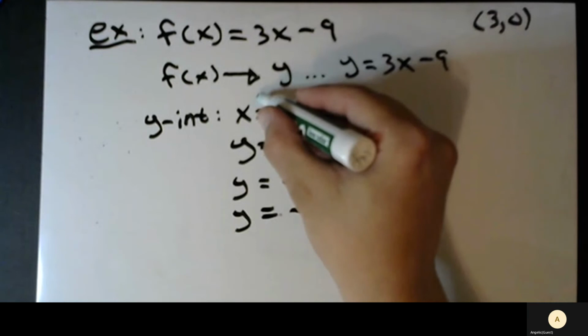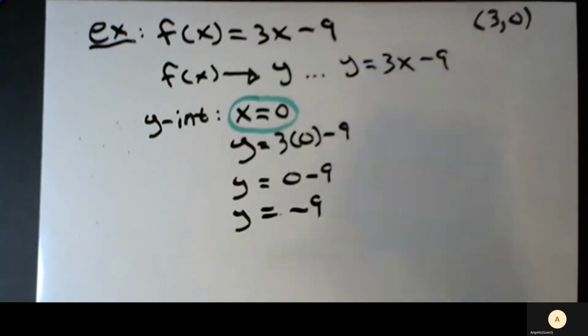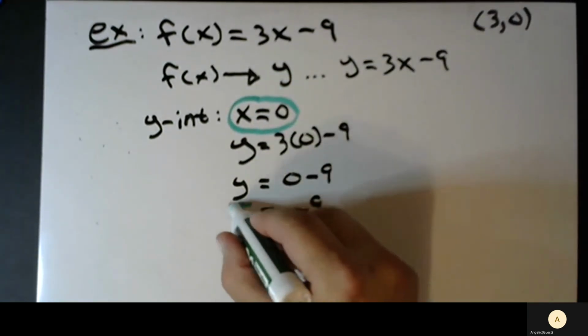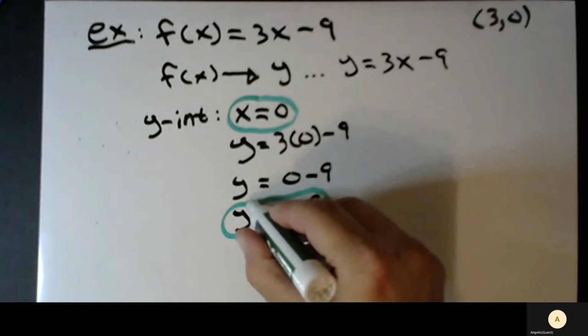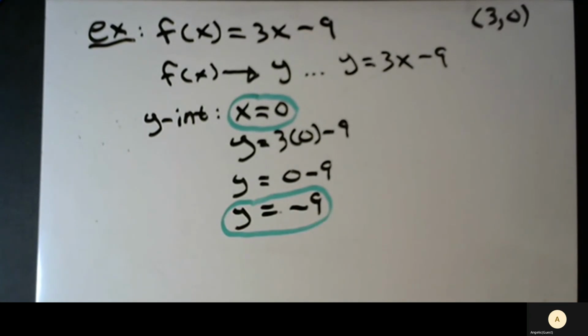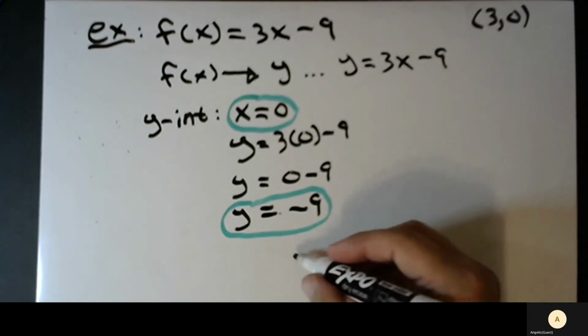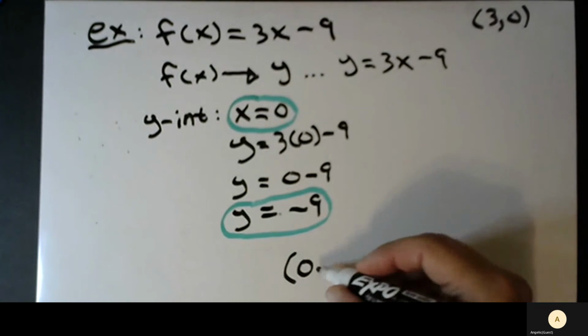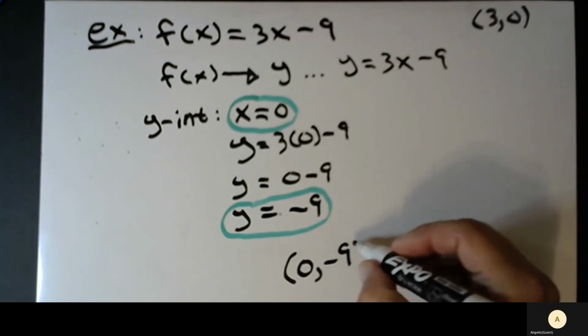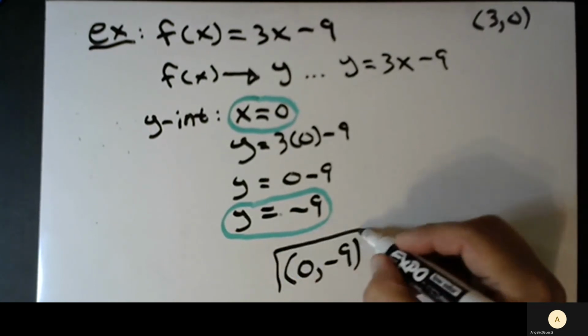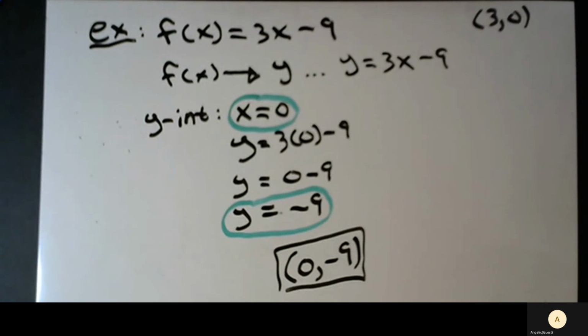So for the y-intercept, we always start with x as being 0, and we solve for y. And so the point will be 0, -9. That'll be our y-intercept.